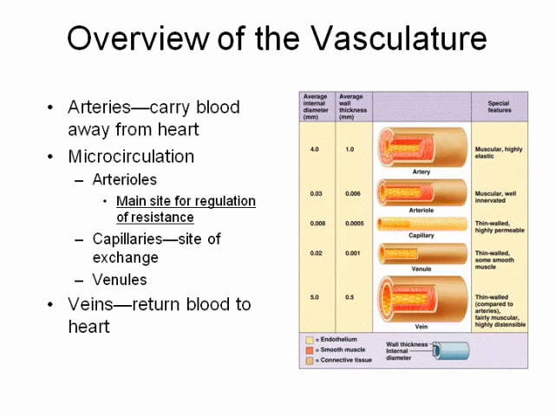Let's have a brief overview of vasculature. The arteries carry blood away from the heart. They have to be thick-walled in order to withstand the large amount of pressure coming out of the heart, as well as, of course, some of the thickness of the wall is smooth muscle that is involved in providing resistance. We have the microcirculation, which consists of the arterioles. Again, these are the main site for regulation of resistance.